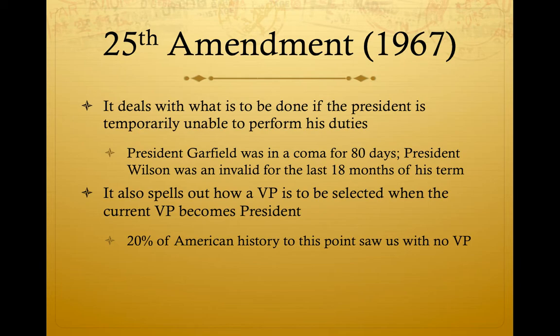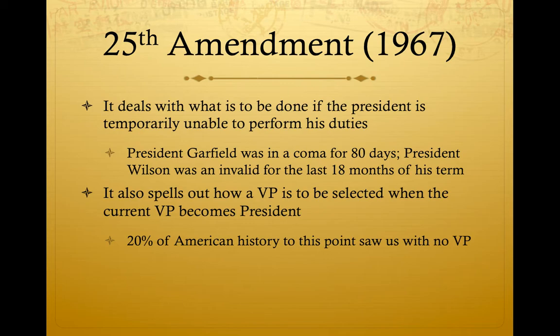25th Amendment, 1967. This is a more specific way to look at the terms of the president. This one deals with what we need to do if the president is unable to perform his duties for a temporary time period. This has happened a few times in our history.